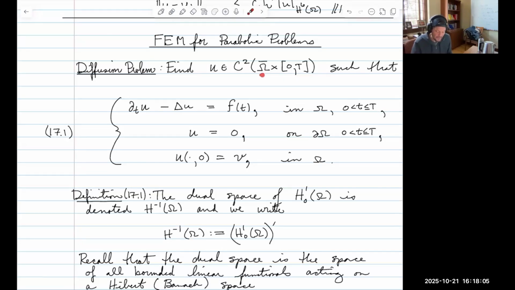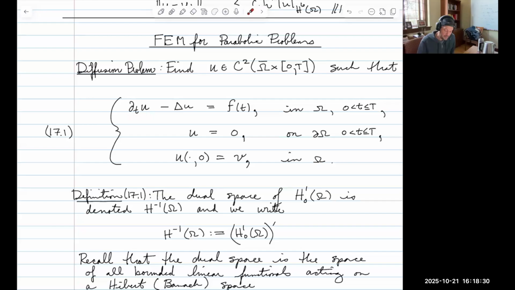This is sometimes called the prism, or what's another word for it? I've forgotten the other term for it, but in any case, this is space and this is the time that we're interested in. We're looking for such a function that classically pointwise solves this problem.